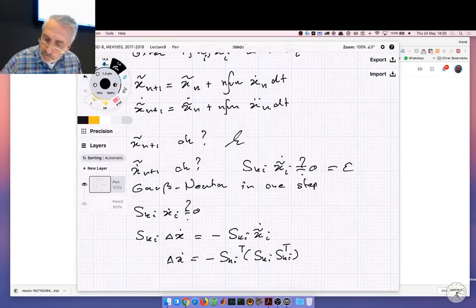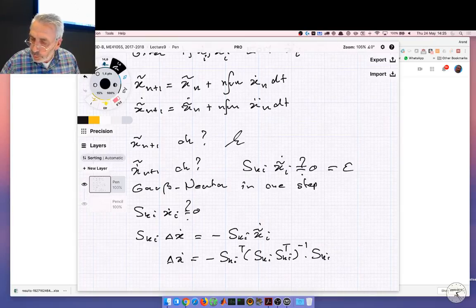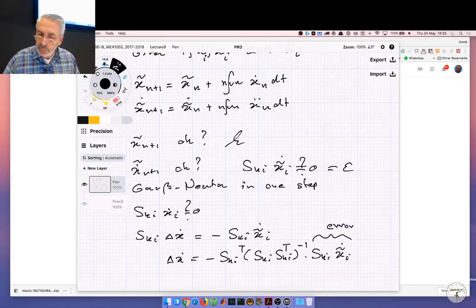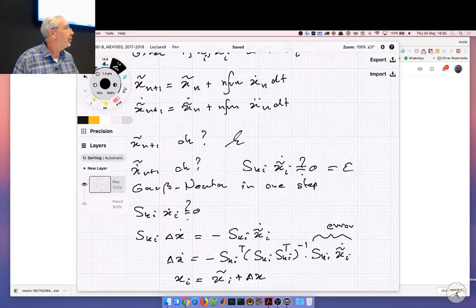And so this is just the Moore-Penrose inverse times this Ψ and then the error. And that gives you the increment, and then of course the corrected speed is just this approximated one plus this increment, and then you're done. I mean, then bang, everything is on the surface.